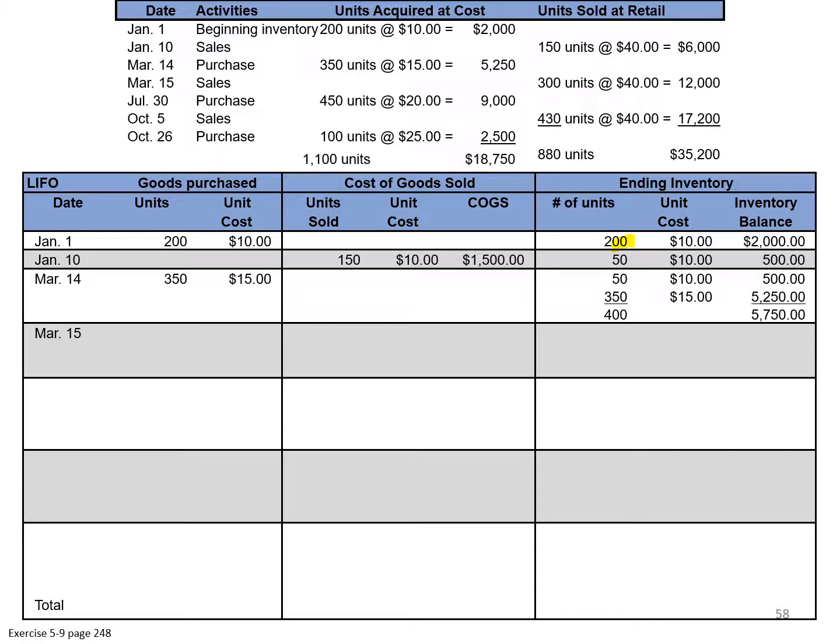Then on March 15th, we made a sale. And under the LIFO method, we are selling our most recent units first.